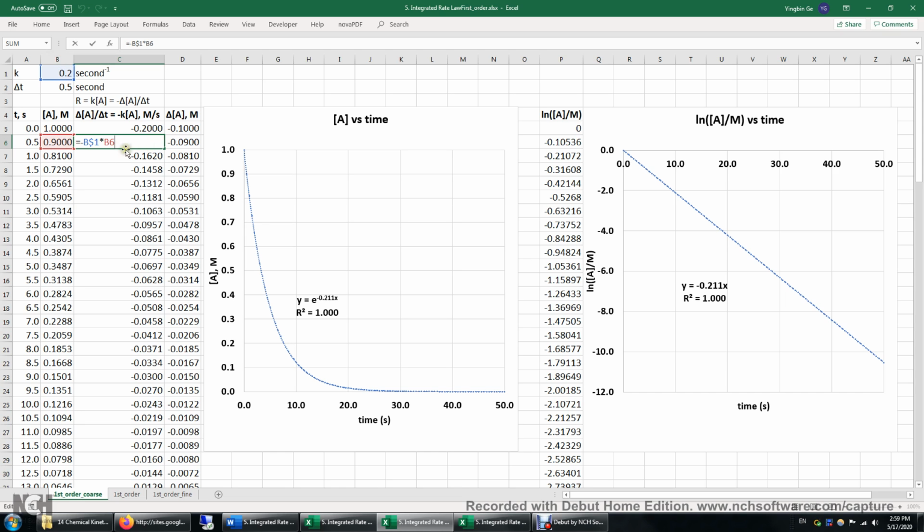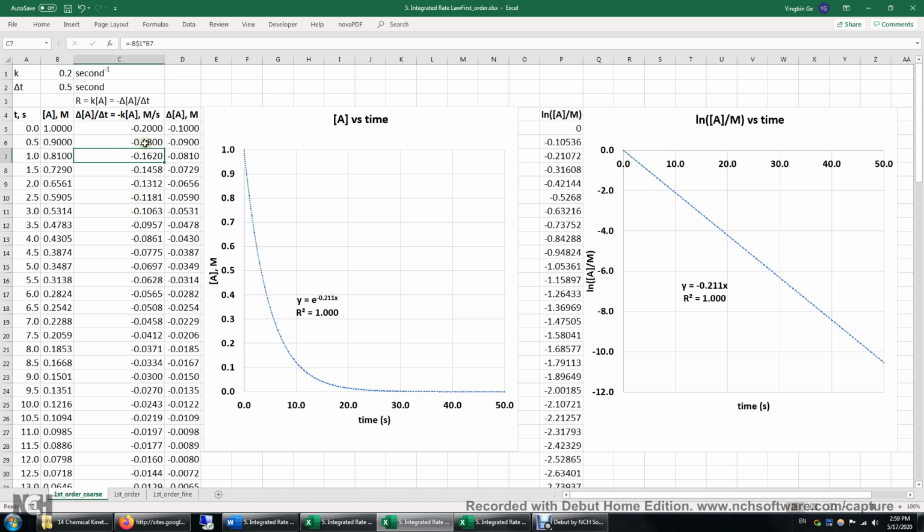So double click this, we have negative $1, negative K times the concentration of A. And now the concentration of A is 0.9, it's not 1. So because the concentration of A has decreased, the reaction rate decreases correspondingly.